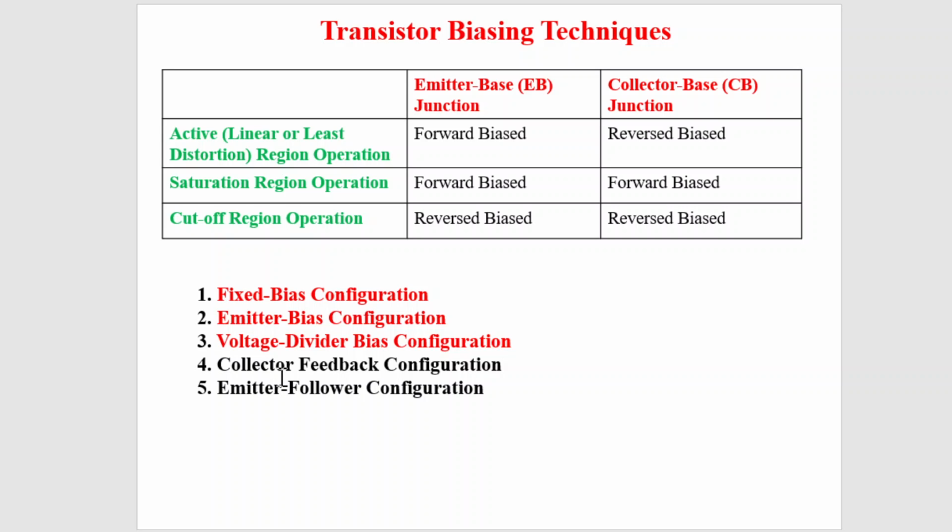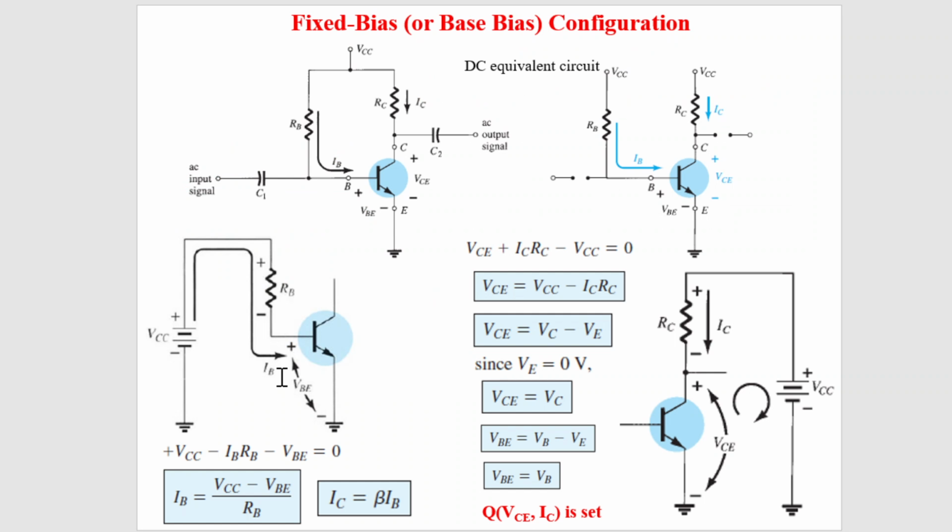So let us start with the fixed bias configuration or base bias configuration. As I discussed, let us say this is an amplifier where we apply an input AC signal and we get the output AC signal.